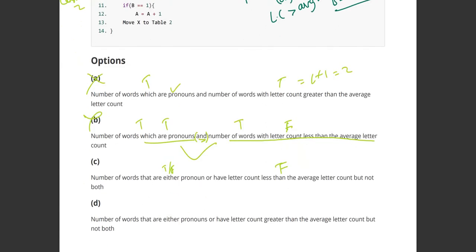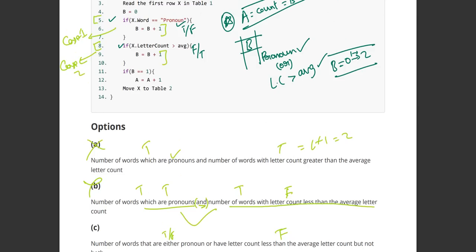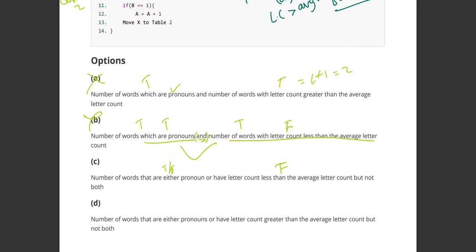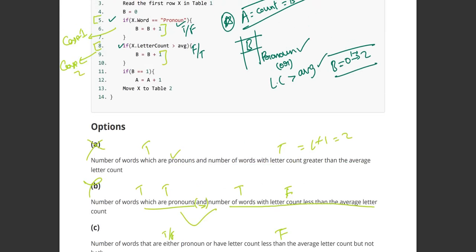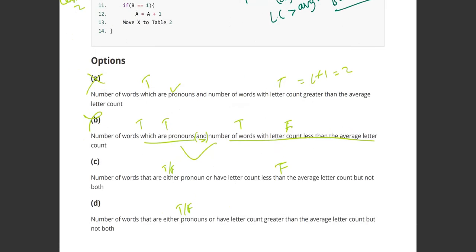Now let us also check the option D. Number of words that are either pronouns or have letter count greater than the average letter count. That are either pronouns, that means true or false, or have letter count greater than the average letter count, but not both.